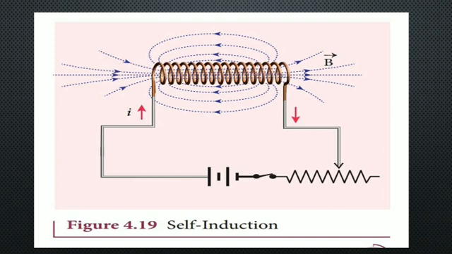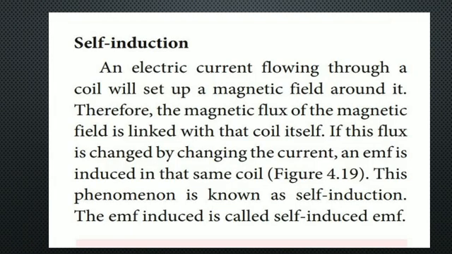In our book this is the definition: an electric current flowing through a coil will set up a magnetic field around it. Therefore, the magnetic flux of the magnetic field is linked with that coil itself.